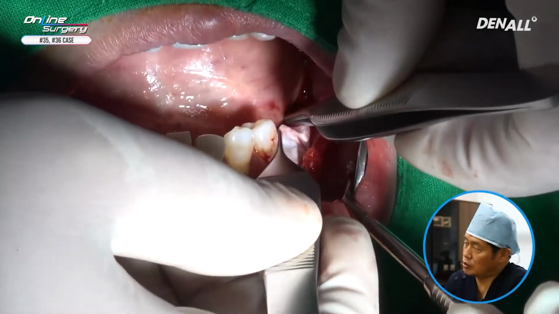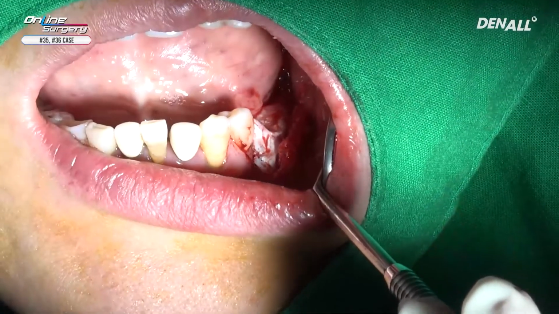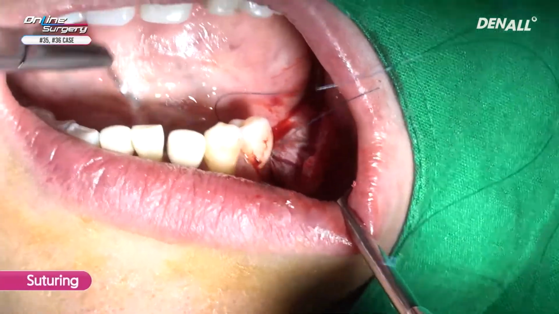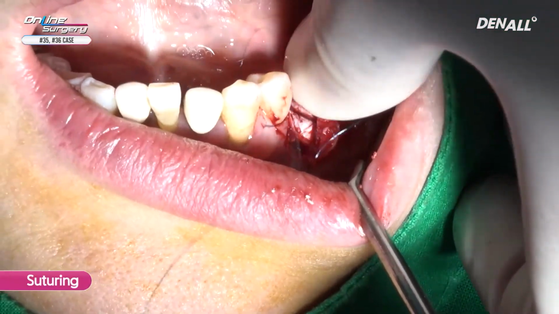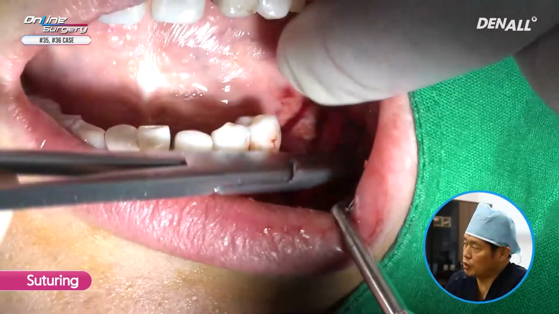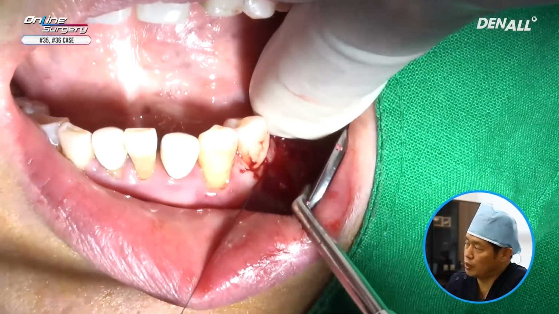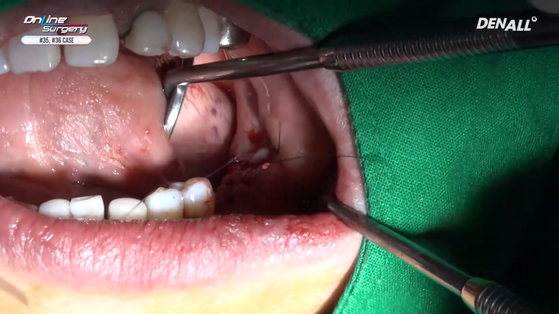One more layer was used, so a total of 2 layers of OssGuide was used. GBR was done only on top, so even without a periosteal releasing incision, the flap can be closed nicely.